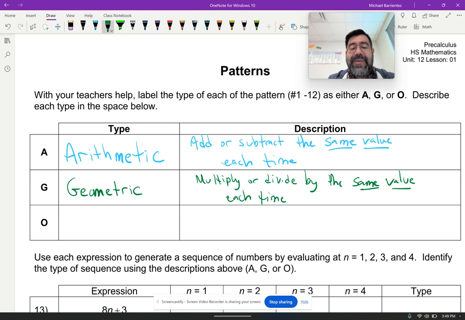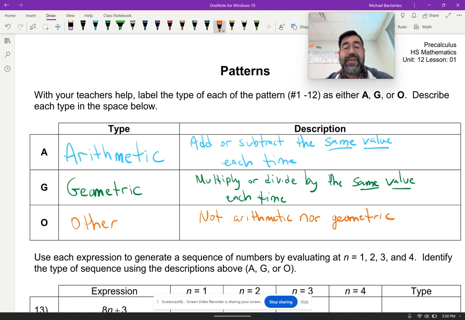If it's not the same number that you're multiplying or dividing by every time, then it's not geometric. So it's either arithmetic, geometric, or I'm just going to say it's other. So this is a pattern that's not arithmetic nor geometric.